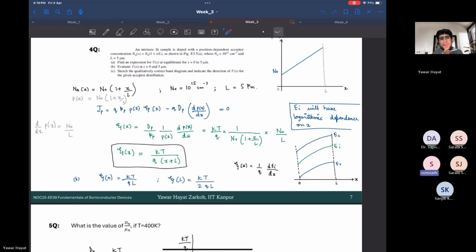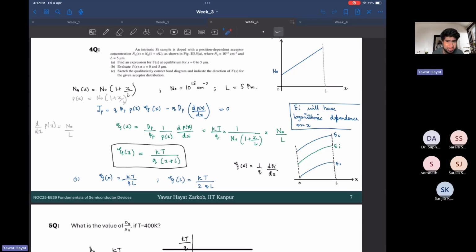Say I gave you the band profile of EC, EV has to track it. Why? Because the band gap is fixed and constant throughout. Your band gap is a material constant. It cannot change with x. That is the reason why EC tracks EV.